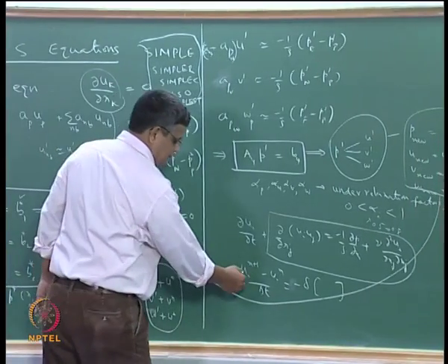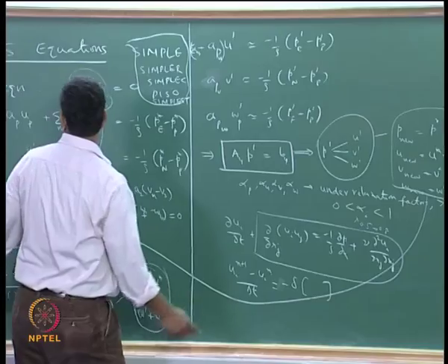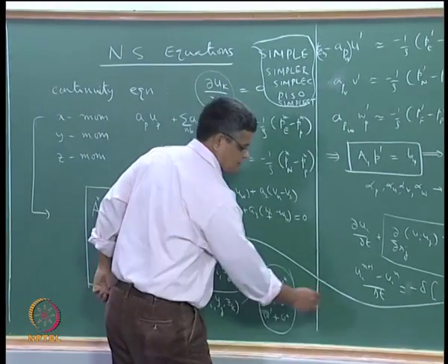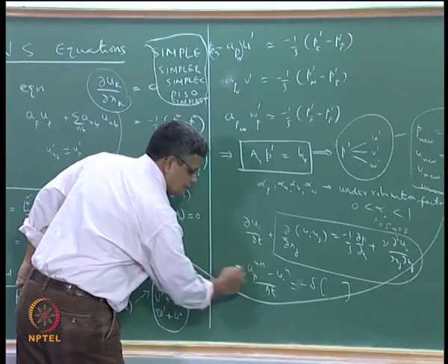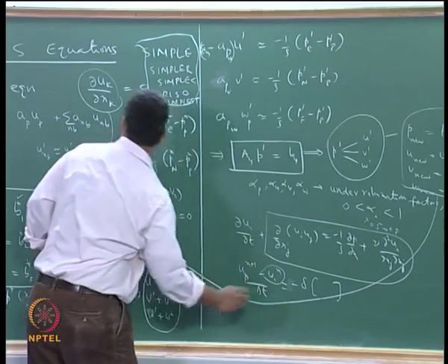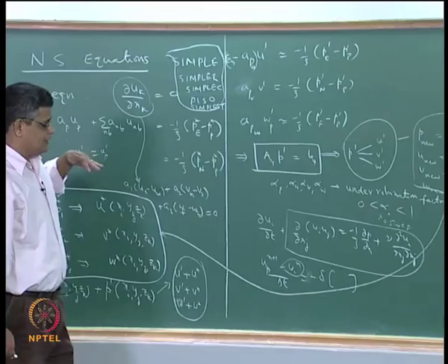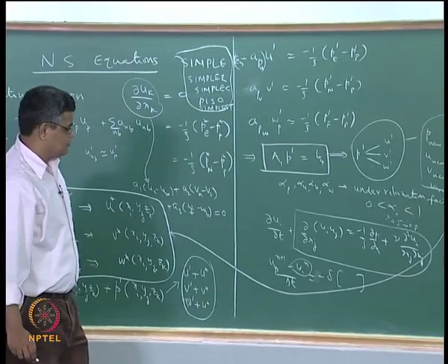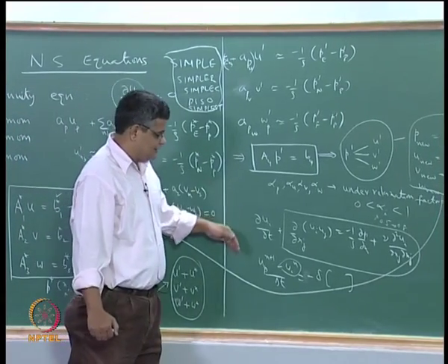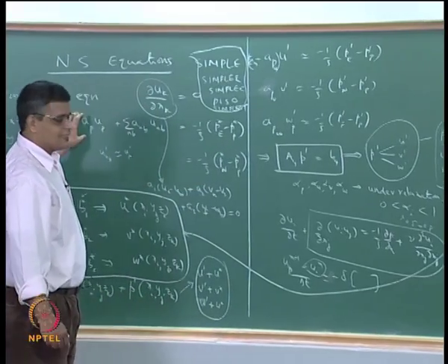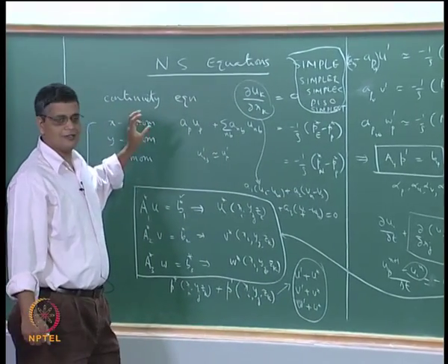So now this becomes also part of this, and this becomes part of the unknown coefficient on this side. So in an unsteady flow, the discretized momentum equation will change slightly.